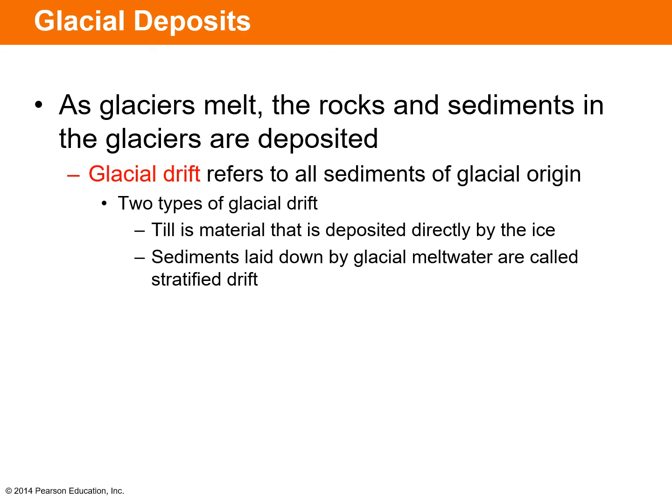And there are two primary types of glacial drift, or glacial sediments. One is known as till, and till is a material that is deposited directly by the ice. And then a second is called stratified drift, and this is when sediments are laid down by glacial meltwater. So the difference is that till is deposited directly by the ice, and stratified drift is deposited directly by meltwater.